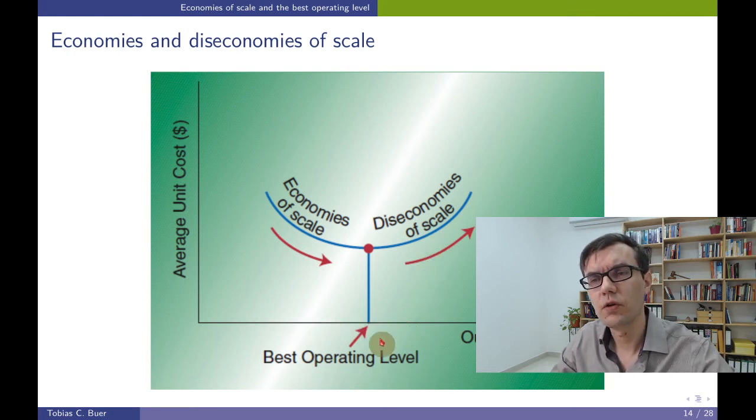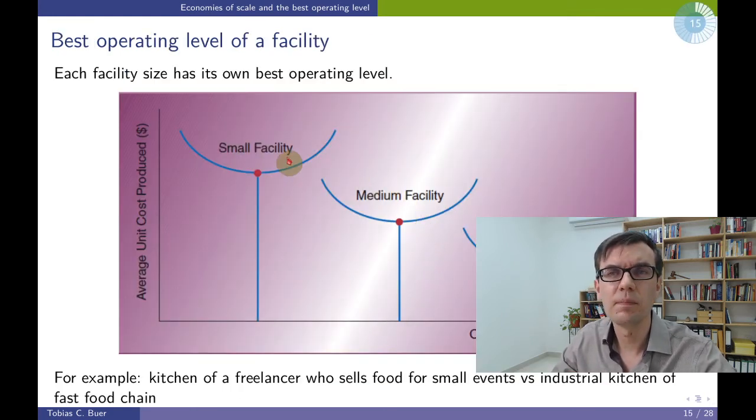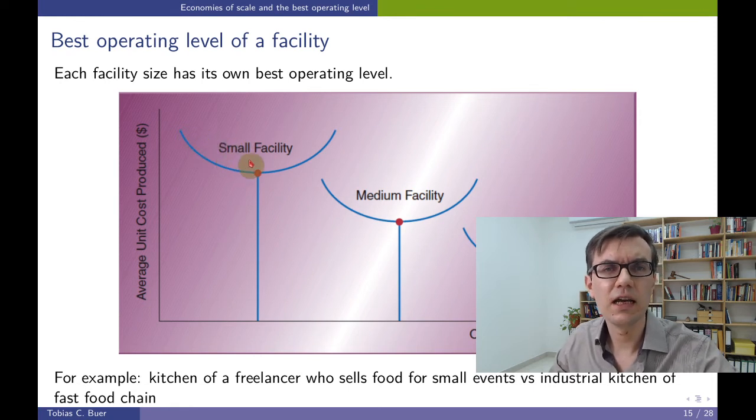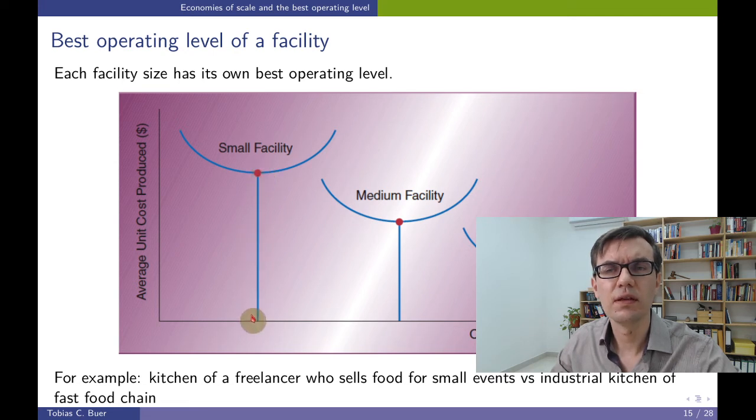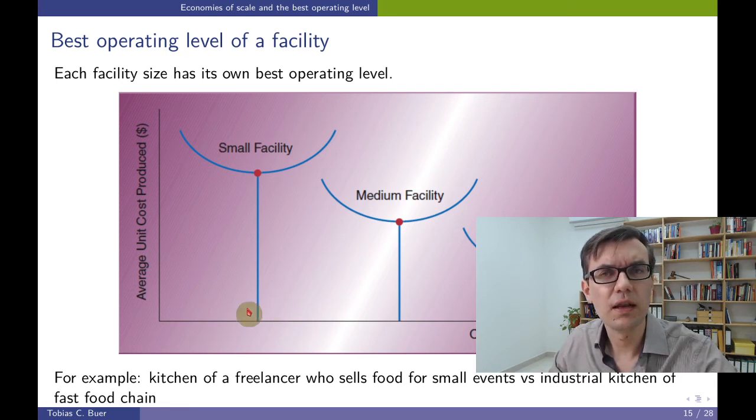Now, let's focus on this best operating level. Usually, every type of facility has its own best operating level. A small facility will have a different operating level, meaning a different optimal output that leads to minimal unit costs, than a medium or a large facility. It's the same with Geotech and the lecture rooms.